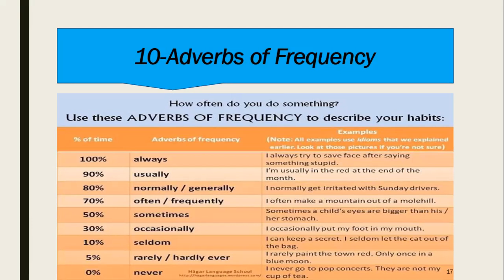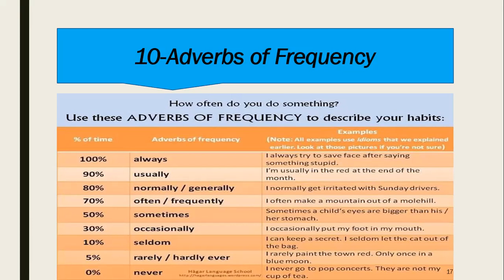And then we have most of the time, we have normally or generally, and then a good time, often or frequently, half of the time, sometimes, and little time, we have occasionally, very little time, seldom, rarely, hardly ever, the three: seldom, rarely, hardly ever, very little time. And then no repetition at all, we have never.